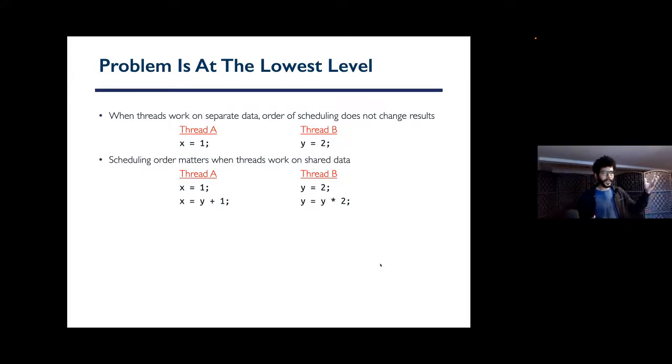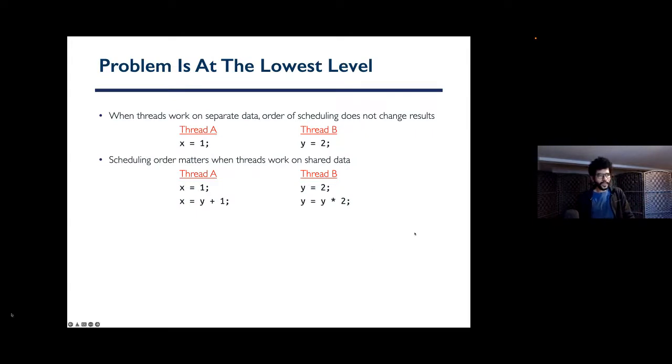So I can run thread 1, interrupt, go to thread 2. I can have any interleavings I want to, and the result will be the same because they're working on separate data. So the interleaving of the two thread instructions does not matter.